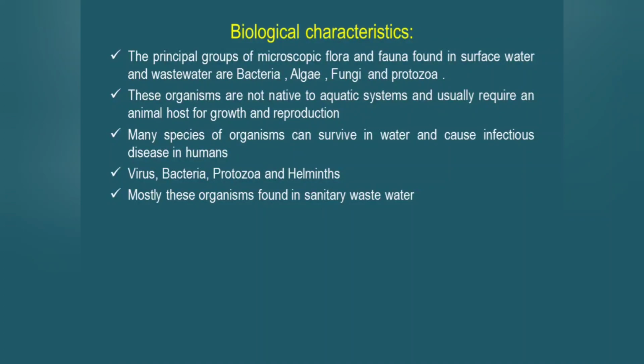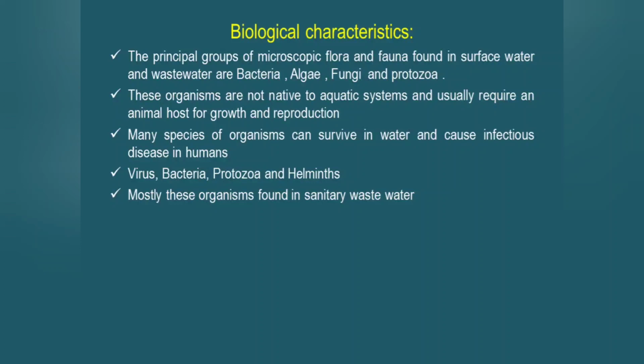The next characteristic is biological. The principal groups of flora and fauna found in surface water and wastewater are mainly bacteria, fungi, algae, and protozoa, and some other microscopic worms are also found in water.